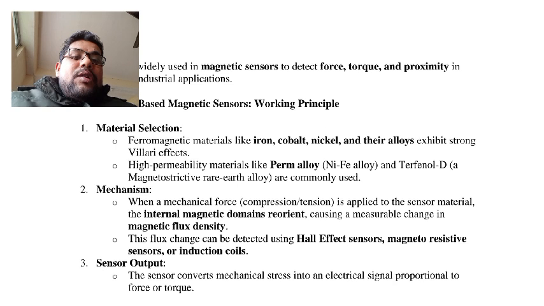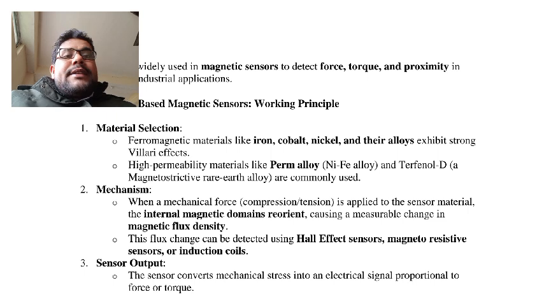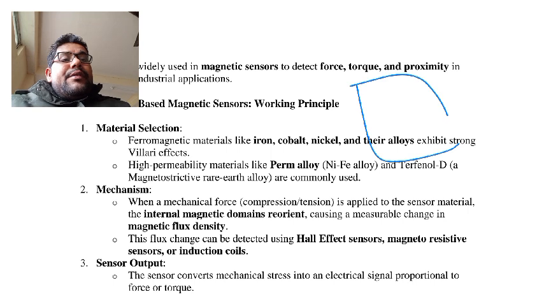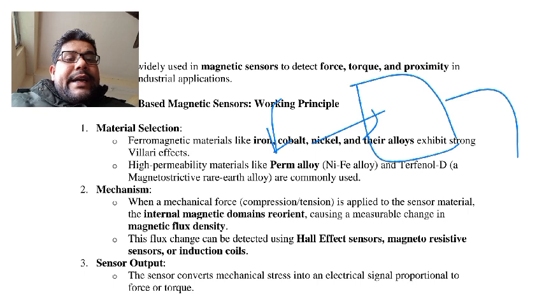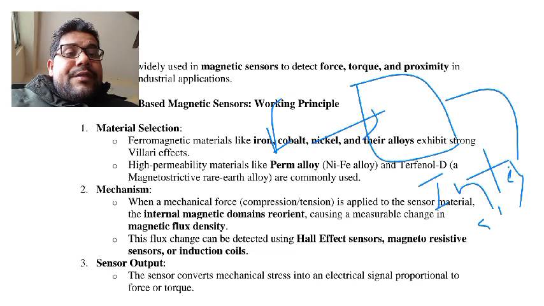When mechanical force, compressive or tensile, is applied to the sensor material, internal magnetic domain reorientation occurs, causing a measurable change in magnetic flux density. In this material, when force is applied, its internal magnetic domains must reorient because of this.